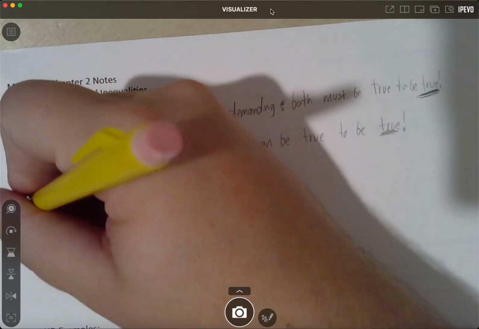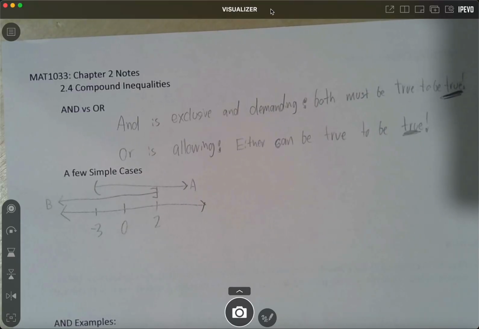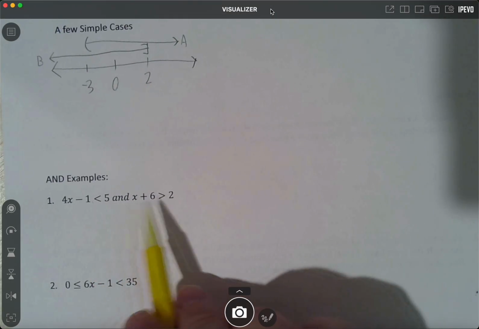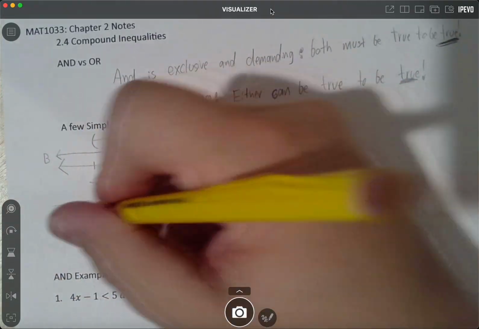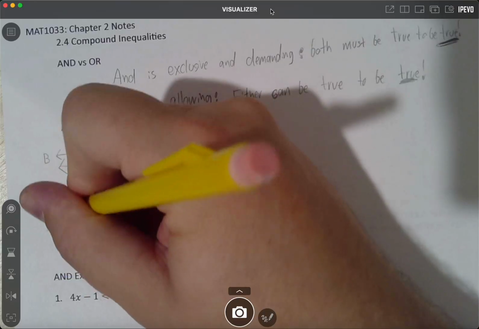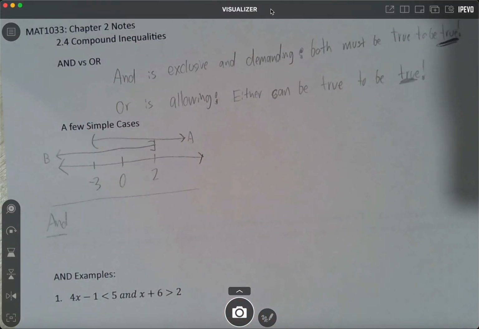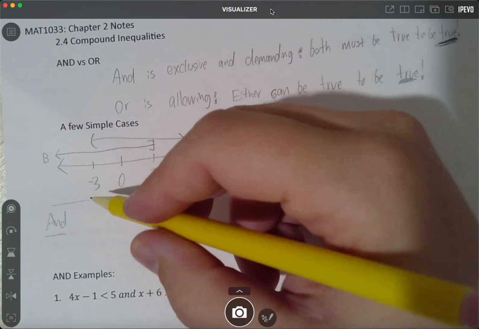So equation A, equation B. Now, if I look at those two graphs, because at some point I'm going to solve both of these and they're both going to have their own graph, if I were to ask what is the and solution? And is demanding. And requires both of these graphs to be true in order to be true for the final.